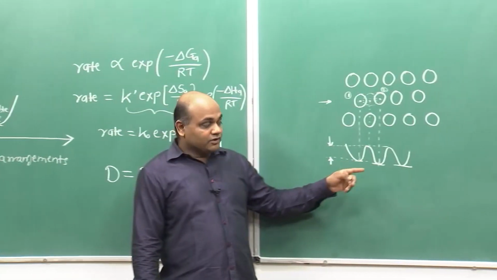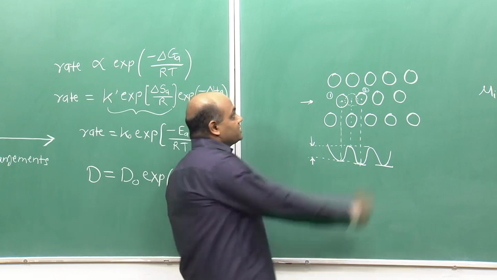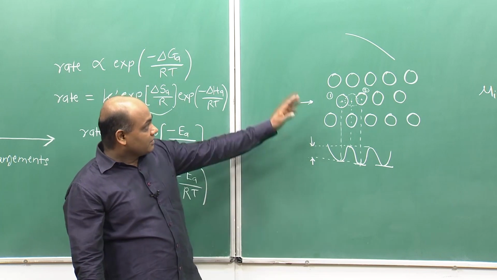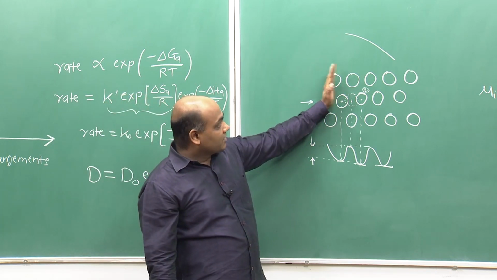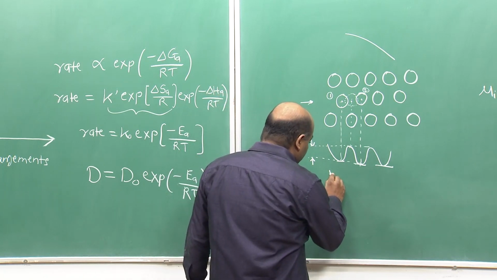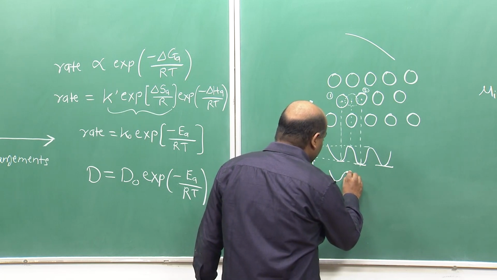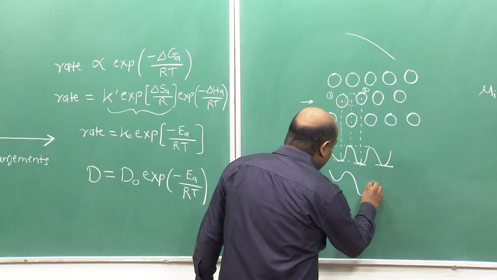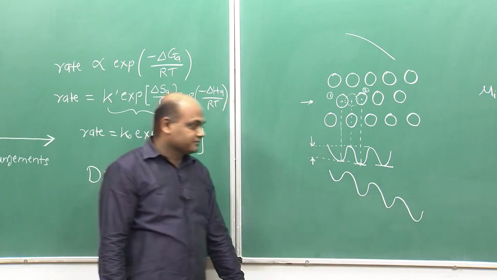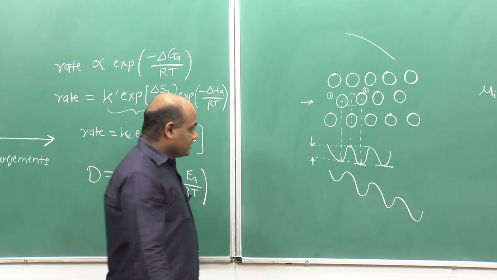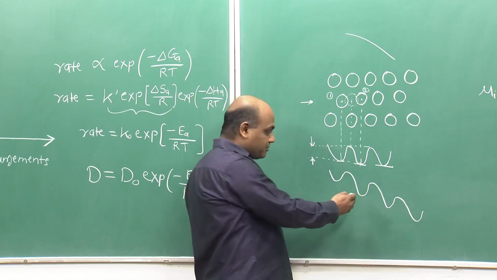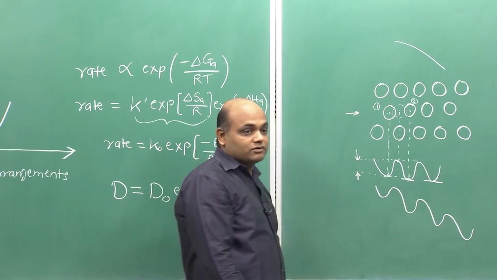In other words, if we look at these potential energy wells, suppose there is a negative gradient in the chemical potential, that is, the chemical potential is decreasing from left to right, right. That means it is equivalent to say the potential energy well depths are decreasing from left to right, right. So, the atoms on the right are situated in a deeper potential energy well than those on the left.